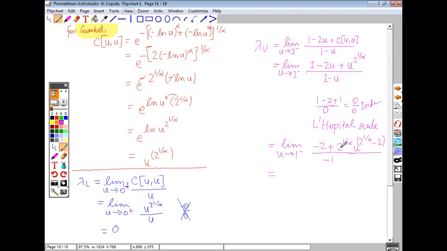And now if you try to substitute 1, what do you get? So this will just be 2, and again if you try to substitute 1 in here, what will you have? 1 raised to anything is again going to be just 1. So you're left with this thing here.